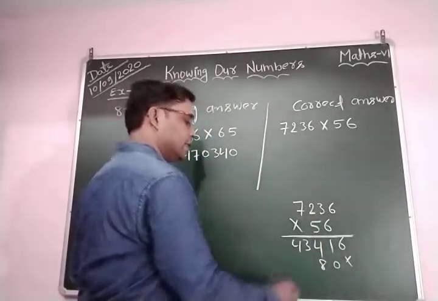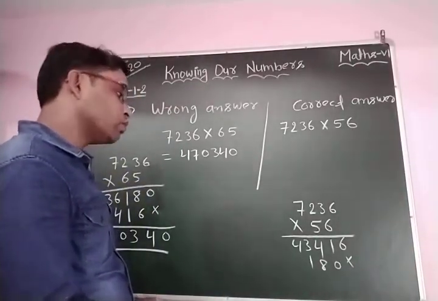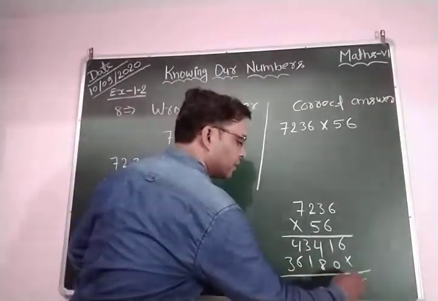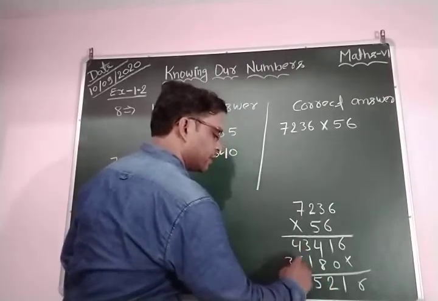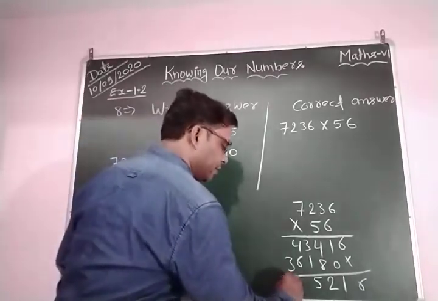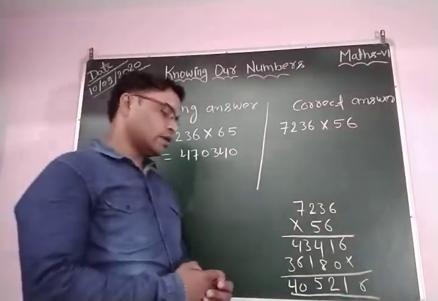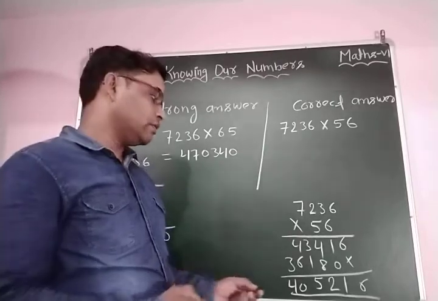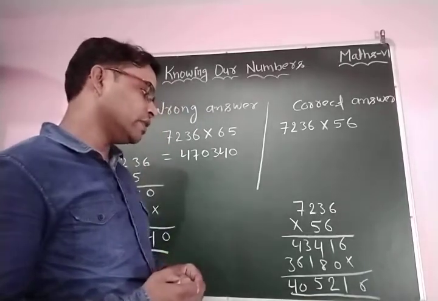Again 5 twos are 10, plus 1 is 11, and 5 sevens are 35, 35 plus 1 is 36. When you add them, we obtain 405,216.